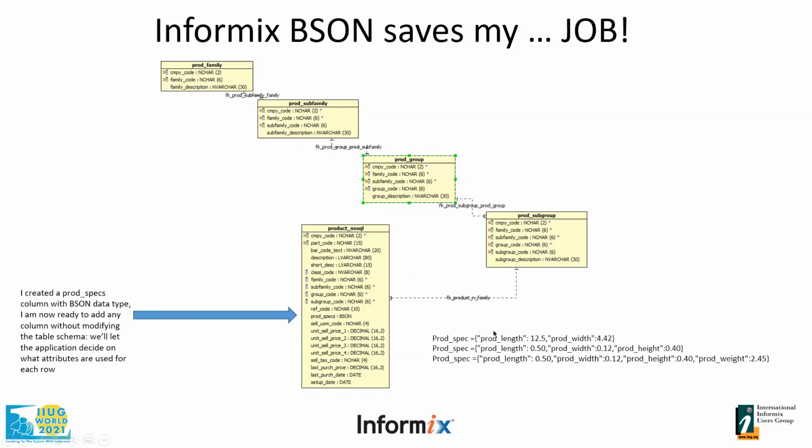So one is prod length, so product length, which is the key, and the value. If anyone inserts this, we'll have a new column effectively in the table contents. It will be the length of the product. And also we have prod width, same principle. So we insert the key and the value.